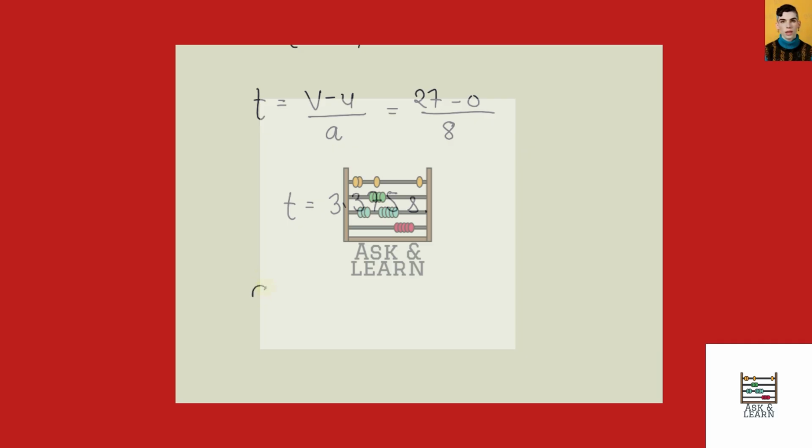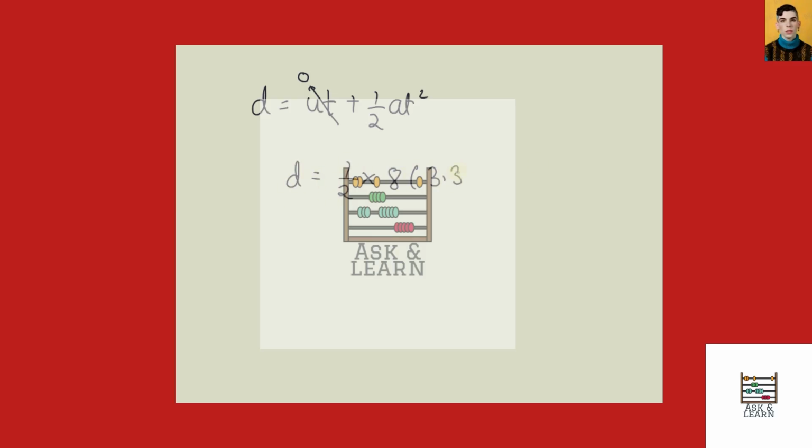So we will say d is equal to ut plus half at squared. The u term is anyhow 0. So d will be equal to half into a, which is 8, into 3.375 squared. So this turns out to be 45.5625 meters. So this is the distance.